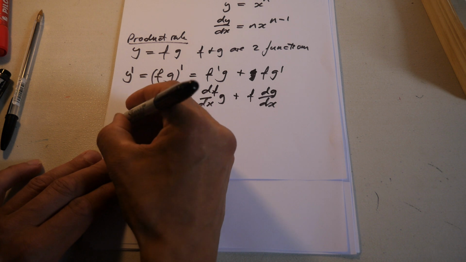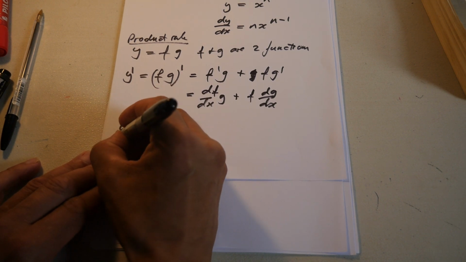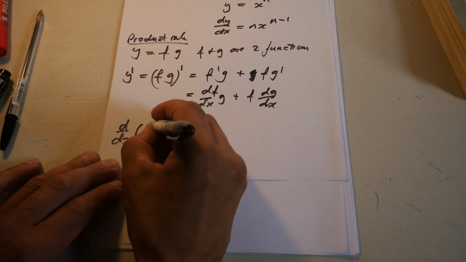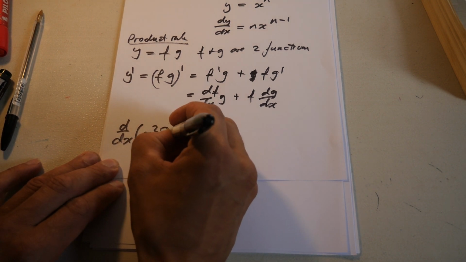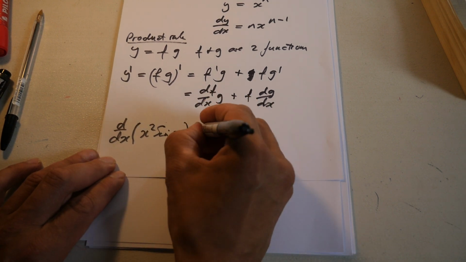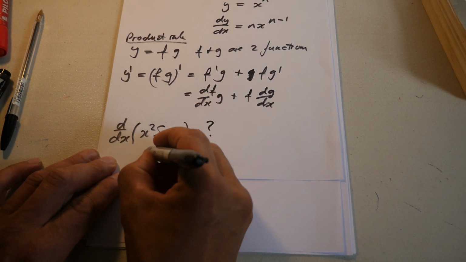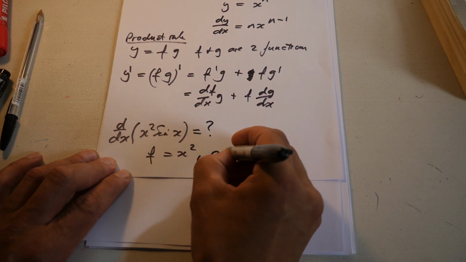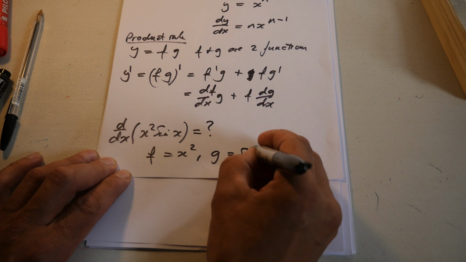So the derivative of x squared sine x, okay? What's that equal to? Well, if you go f equals x squared and g equals sine x, okay?